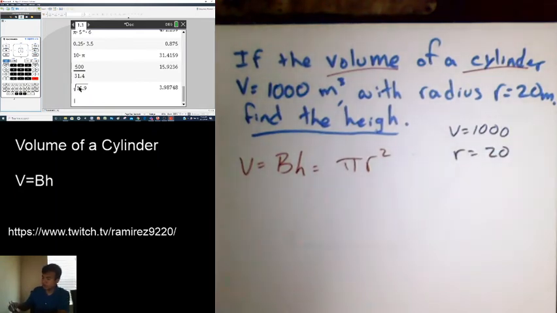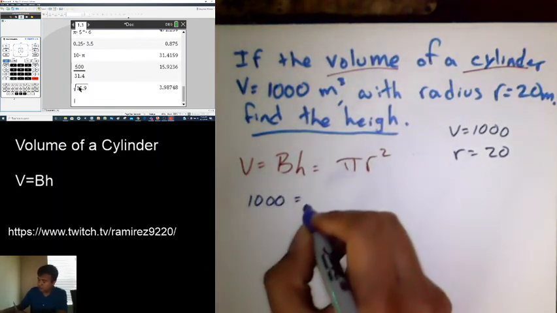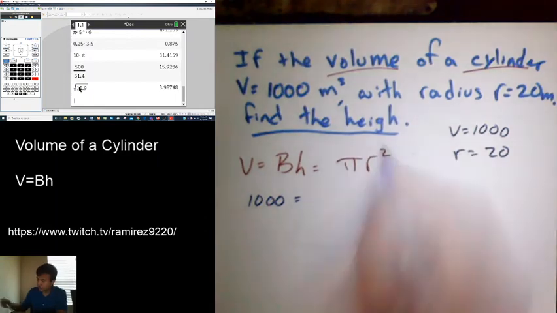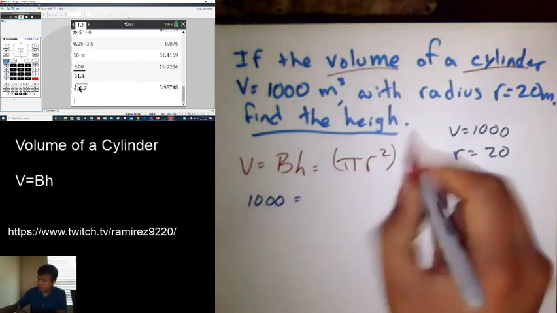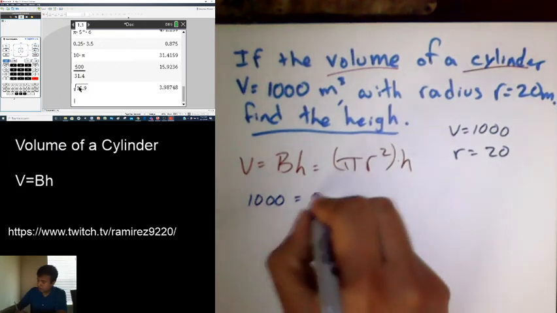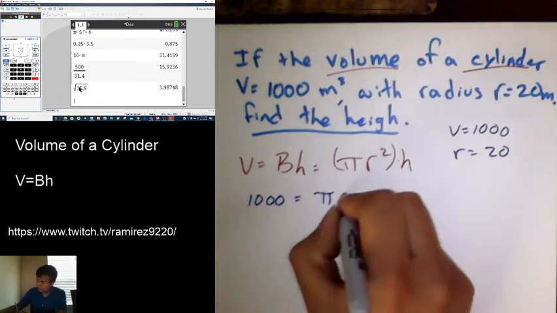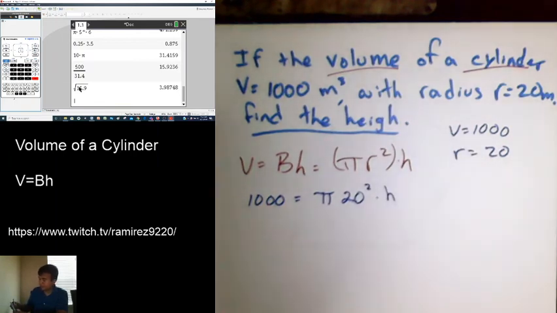They're the same units, so we don't have to worry about conversions. So 1,000 must be equal to, oh, I forgot the h here, big B times h. So 1,000 is equal to pi times my radius squared times my height, but I don't know my height.